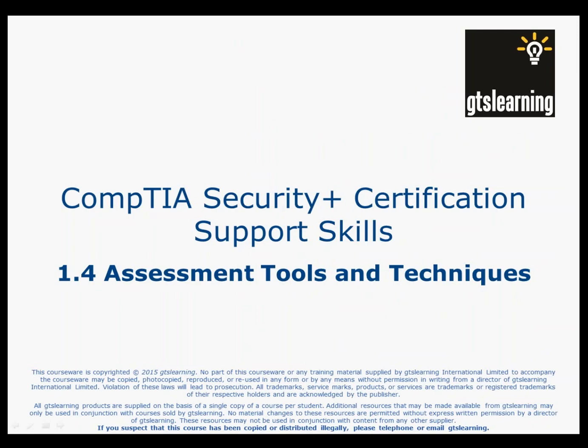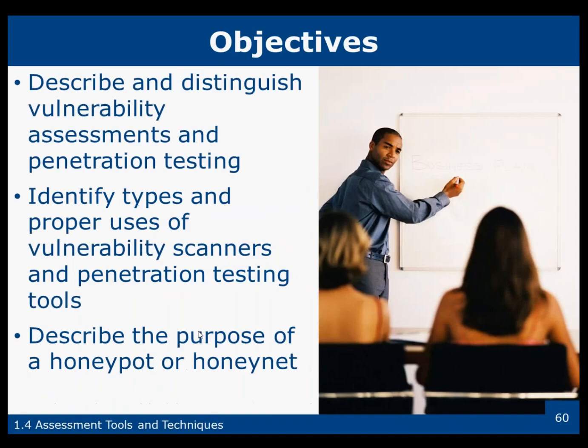Okay, let's look at 1.4 assessment tools and techniques. And this is a relatively short unit in module 1, but what it's talking about is vulnerabilities versus pen testing, and some of the tools that can be used.